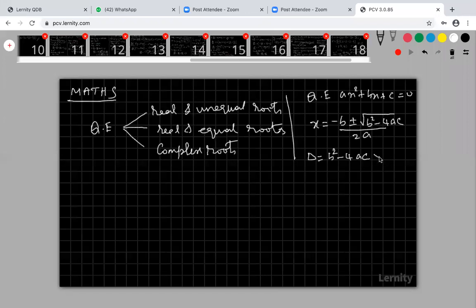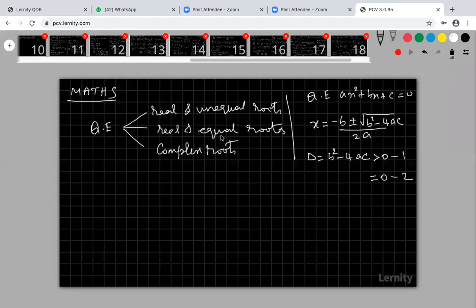If it is greater than 0, I will get real and unequal roots. If the discriminant b square minus 4ac equals 0, I will get the second one.